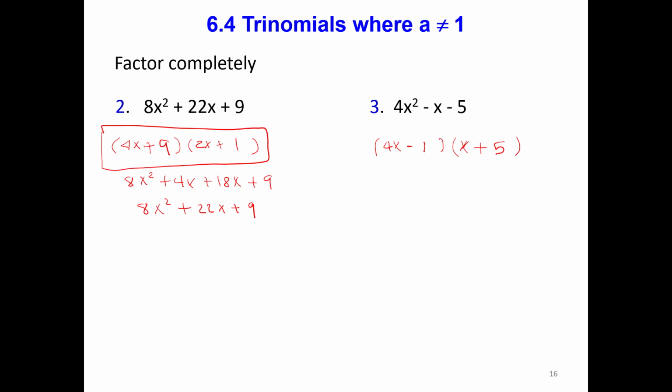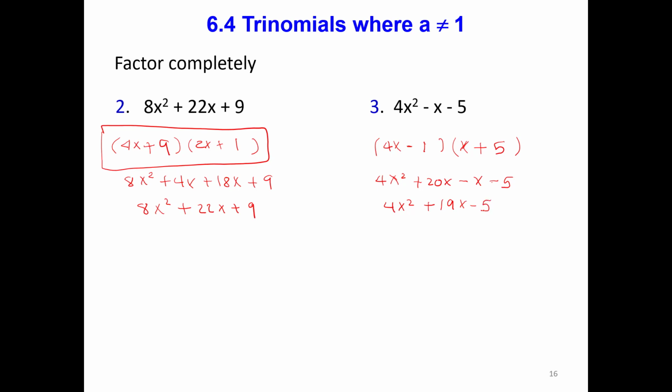And let's see if it works this way. Let's FOIL. And we had 4x squared. 4x times 5 is 20x. Negative 1 times x is negative x. Negative 1 times 5 is negative 5. We combine these terms, we have positive 19x minus 5.